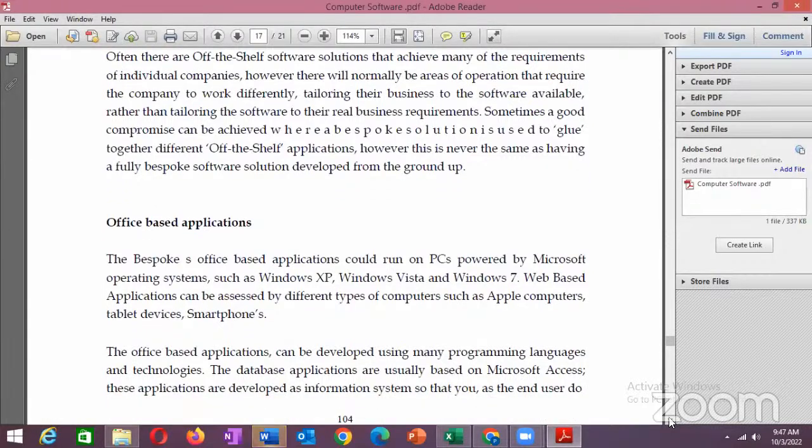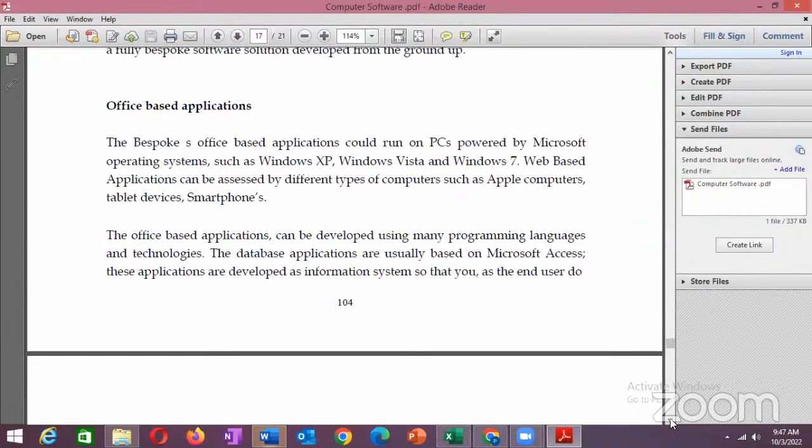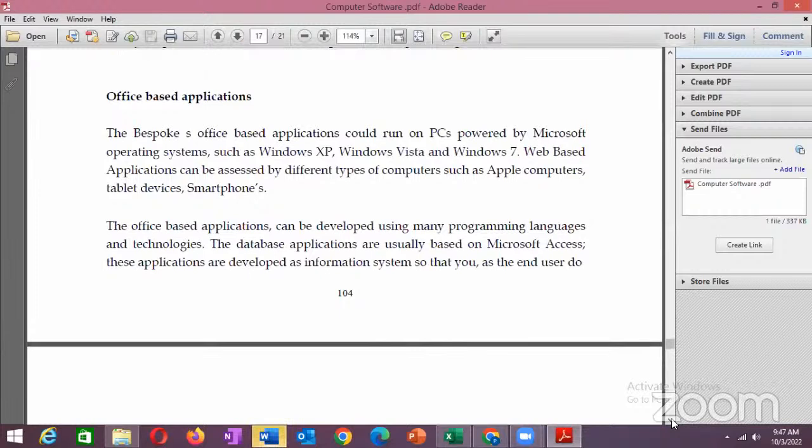A web-based application can be accessed by different types of computers such as Apple computers, tablet devices, and smartphones. The office-based applications can be developed using many programming languages and technologies.